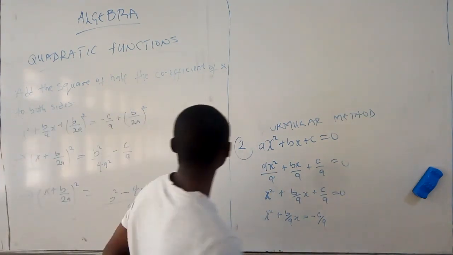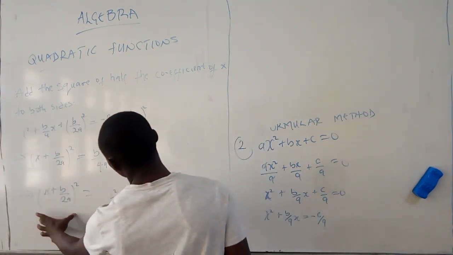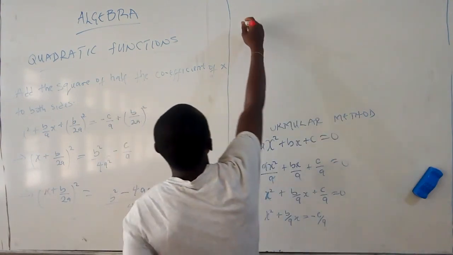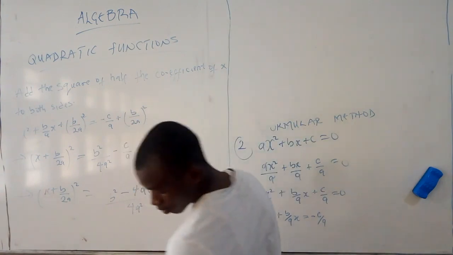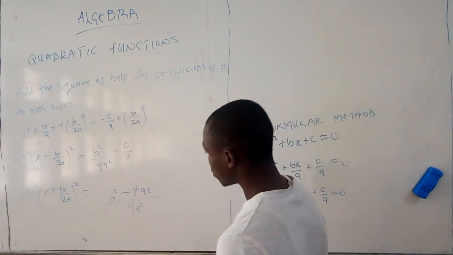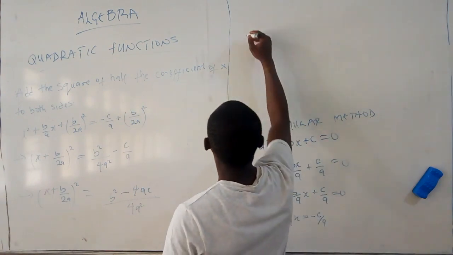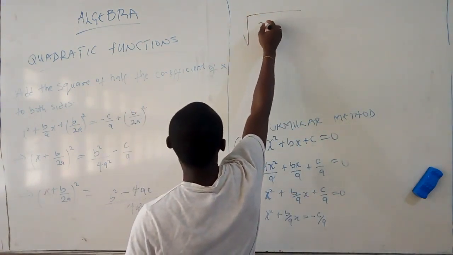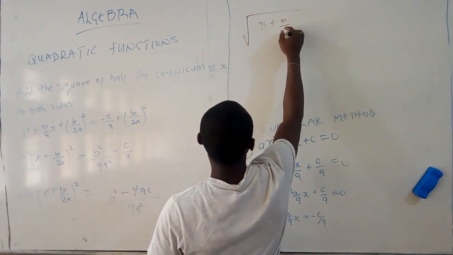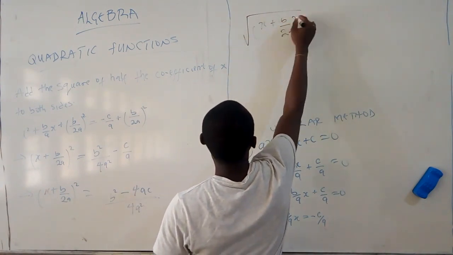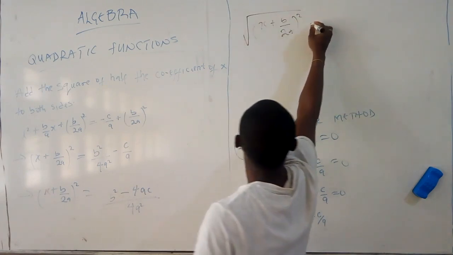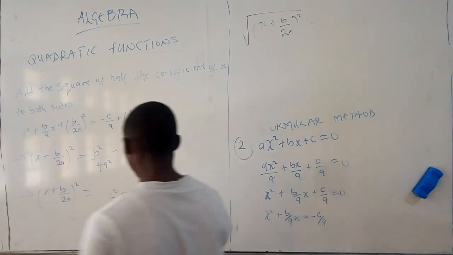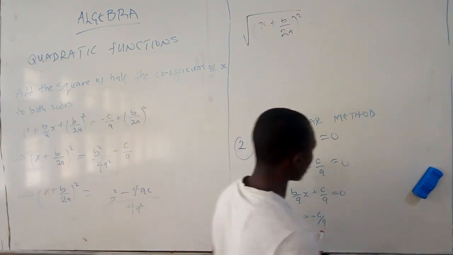You now take the square root of both sides. That's, you take the square root of this side, take the square root of the right hand side. So if you take the square root, the left hand side is x plus b all over 2a all square. It is equal to, then you take the square root of this side also.